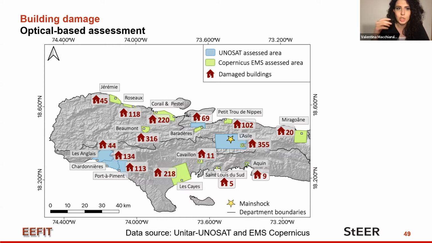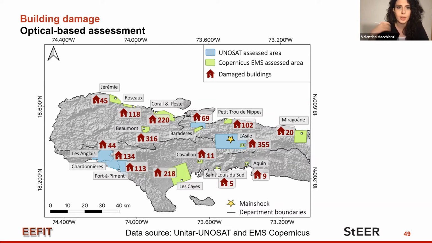For each of these locations, the analysis consists of comparing the optical images acquired before and after the earthquake in order to identify the structures with visible damage. For the total of the analyzed areas, the optical-based assessment has identified about 1,800 buildings with visible damage.